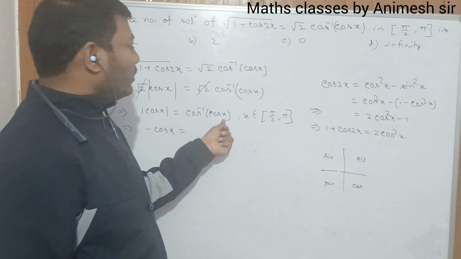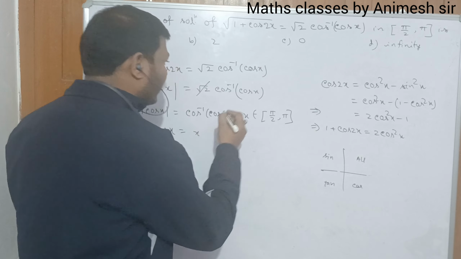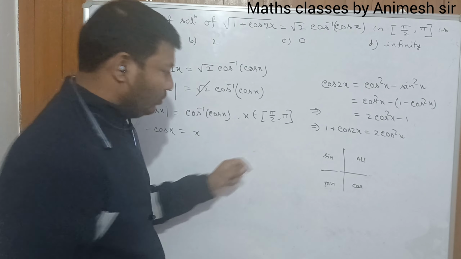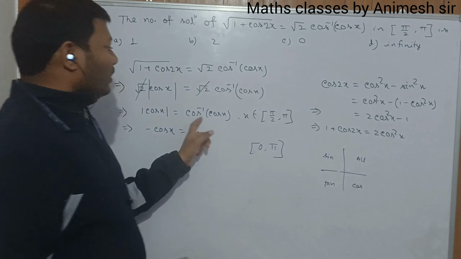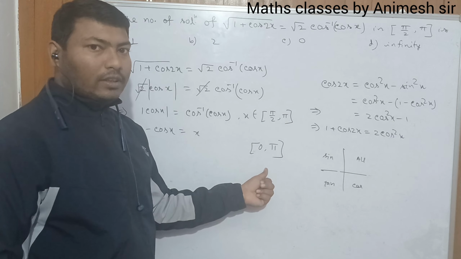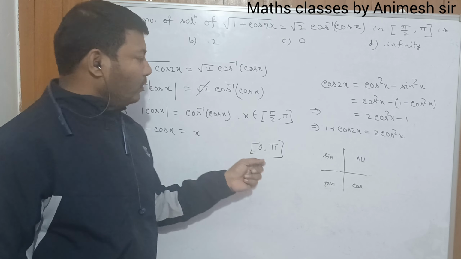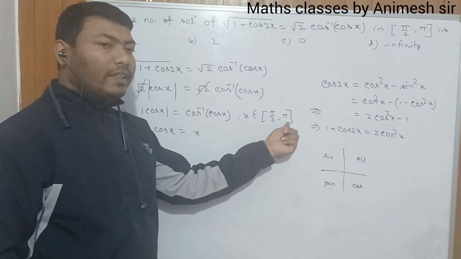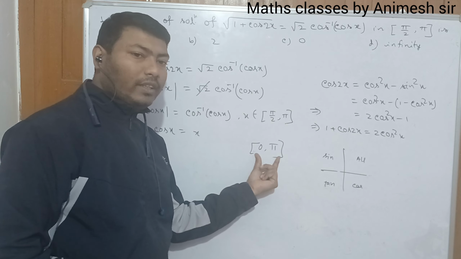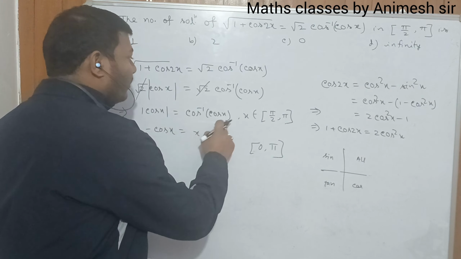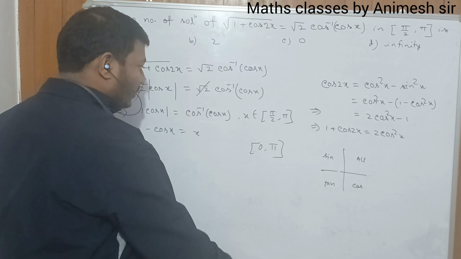Now cos inverse cos x equals x in 0 to pi, it will give only one value, and pi by 2 to pi is a subset of 0 to pi. So cos inverse cos x equals x.